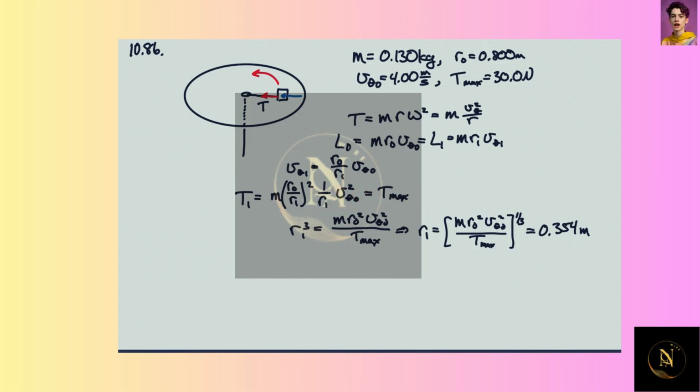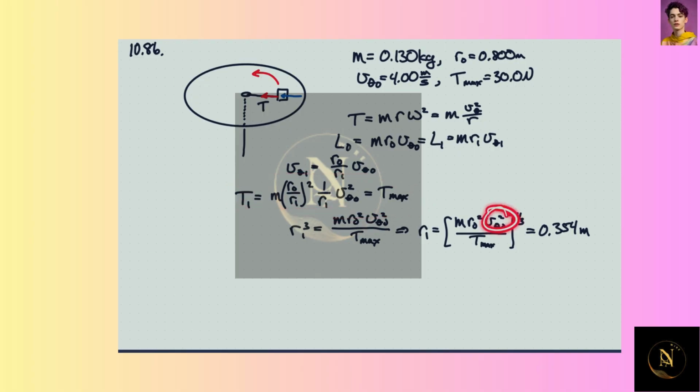So that means that r1 occurs in the denominator here. So as r1 increases, T max is going to go down. If we were just looking for what the tension is as a function of r1, as r1 goes up, T1 goes down. As r1 goes down, T1 goes up.